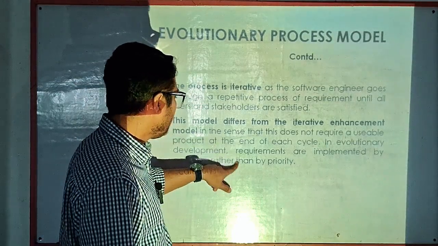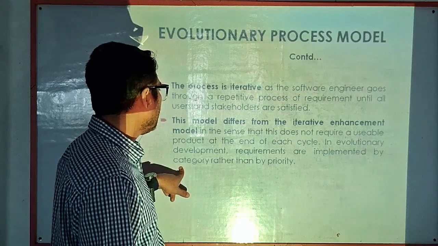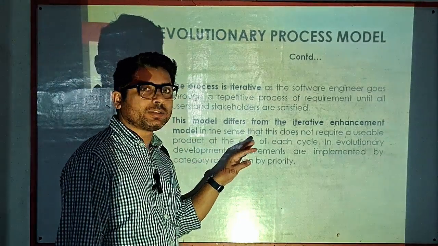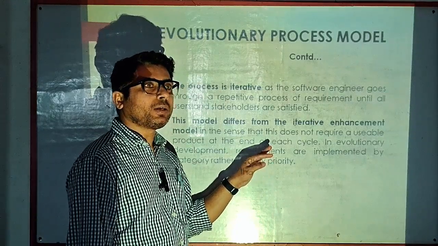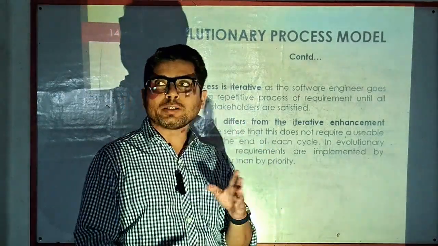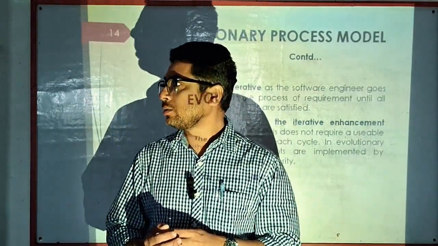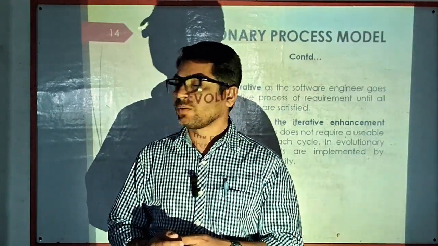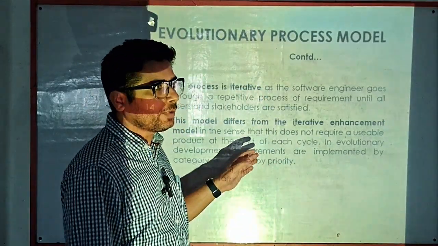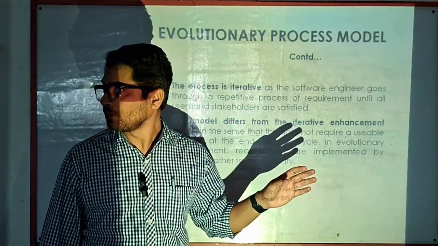The requirements are implemented by category rather than by priority. So this model is different from iterative because in the evolutionary model, the final product is not delivered at the end of every stage.